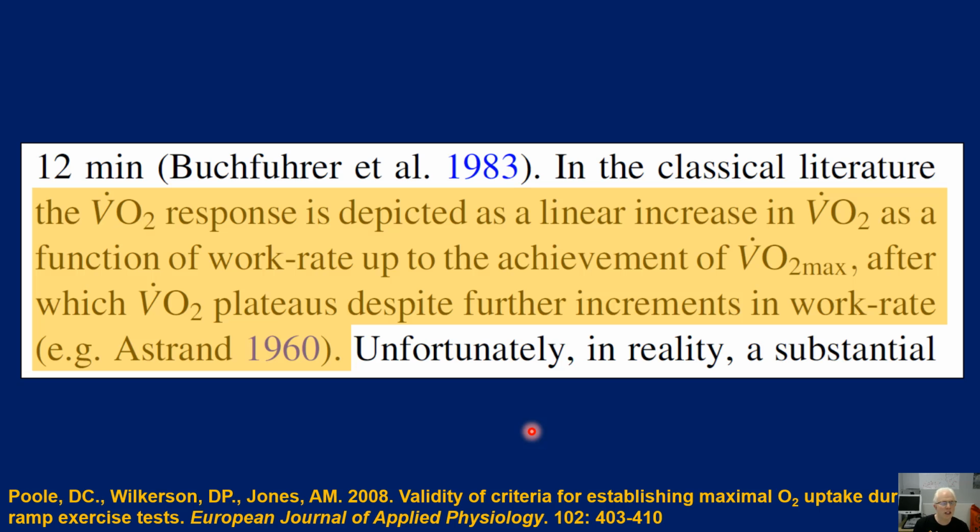In the classical literature, the VO2 response is depicted as an increase in VO2 as a function of work rate up to the achievement of VO2 max, after which VO2 plateaus despite further increments in work rate, as shown by Astrand in 1960 and Hill in 1923. Which is what we've shown in all those images previously. So that is the classic response.